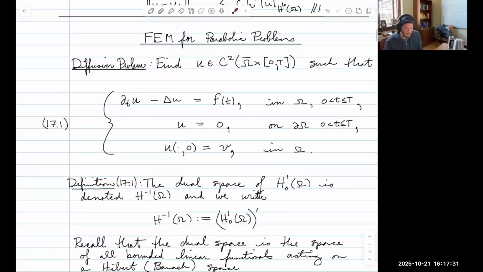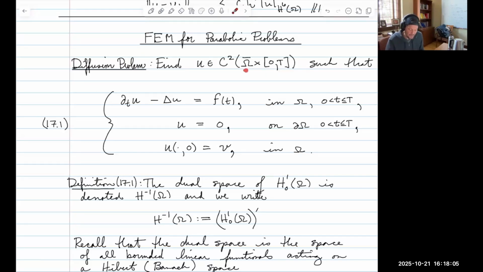So what's a parabolic problem? What's a standard example of a parabolic problem? The most common one that you'll see is the so-called diffusion problem. There, we're looking for a function which is globally, to make things easy, globally C2 over the domain omega bar cross 0 to T. So this is supposed to be space and this is supposed to be time.